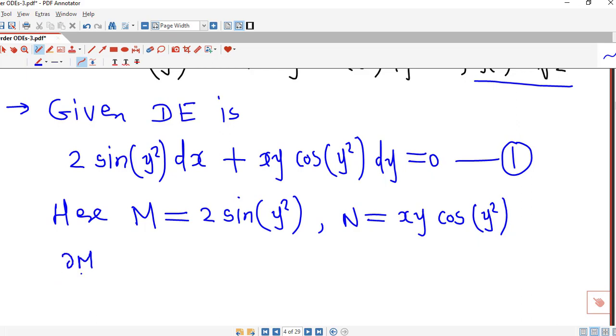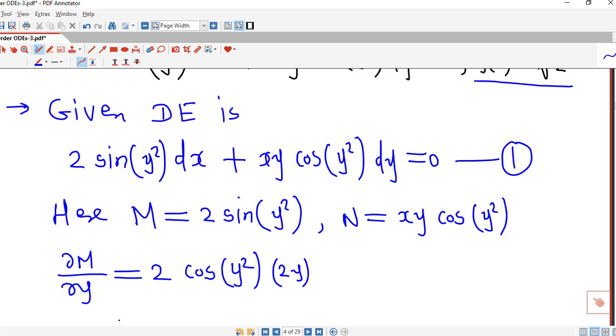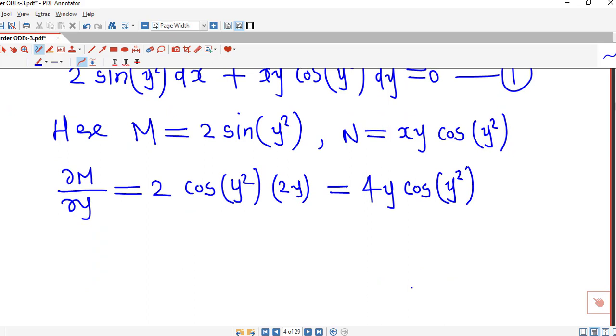Now we check the condition for exactness. Partial derivative of m with respect to y is 2 constant, derivative of sine is cosine, and by the chain rule we have to multiply by the derivative of y square which is 2y. So this is 4 times y cosine of y square. And we find del n by del x.